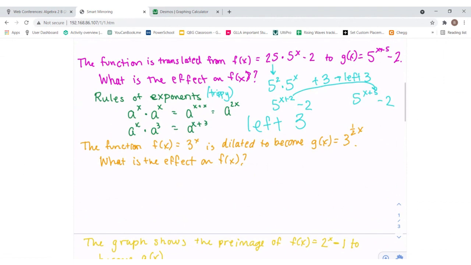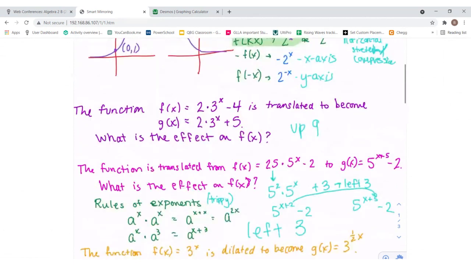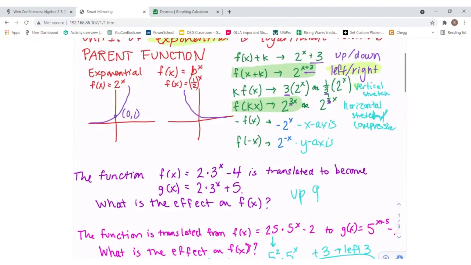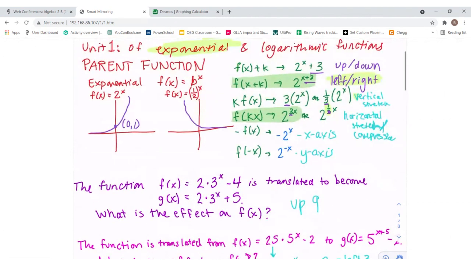What is the effect on f of x? So this is, again, where it's the opposite thing. I didn't show you so much on this one because I was kind of rushing through it, but this right here would be a horizontal, because it's right next to the x. And it's going to be a horizontal, so a stretch would be this one, right?